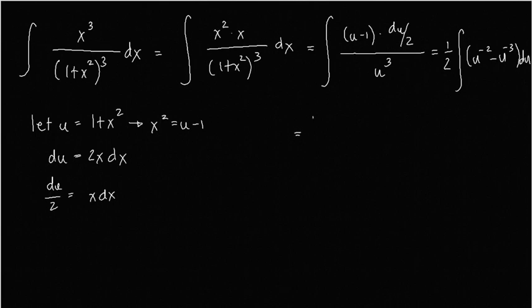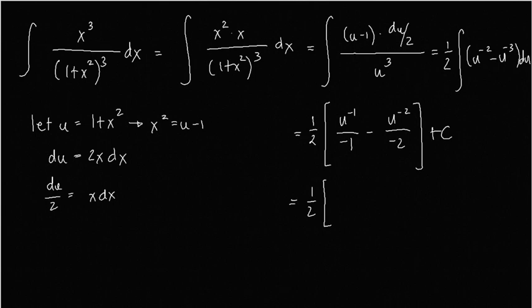Right? So we have 1/2 times the integral of this one, which is by power formula. So u raised to negative 1 all over negative 1 minus u raised to negative 2 over negative 2 plus c. So rearrange lang muna natin and simplifying. So we have 1/2.